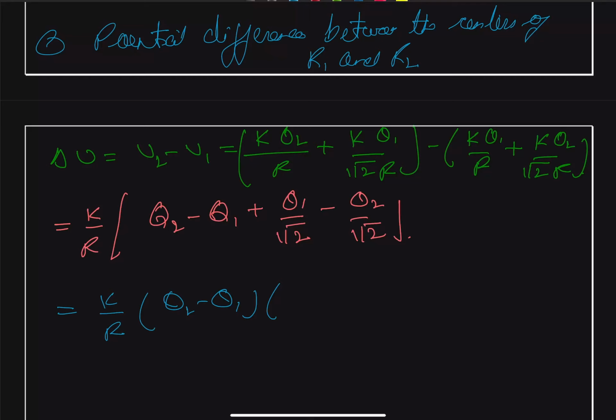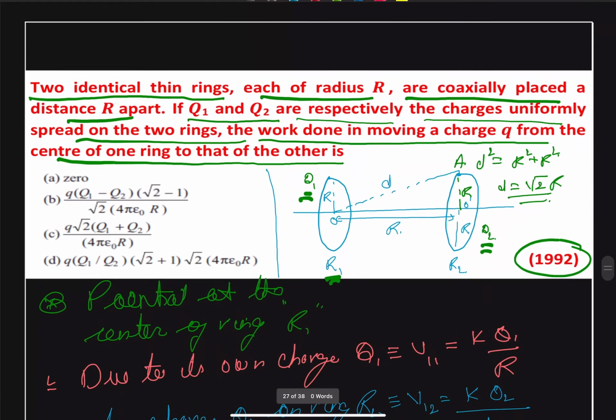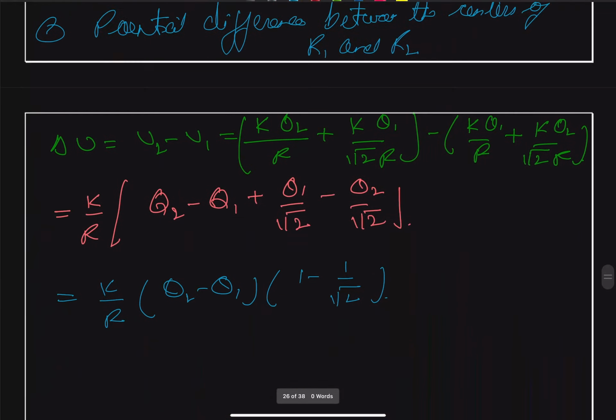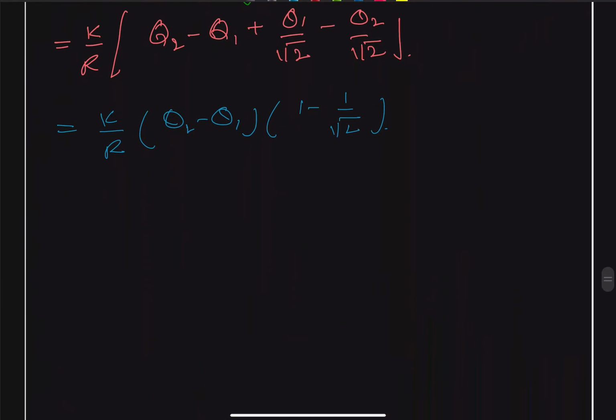This is Q2 minus Q1, and we get 1 minus 1 upon square root of 2. You can keep it like that only, we will sort it out later. Let me solve this here only now. This comes as K upon R, Q2 minus Q1, and square root of 2 minus 1 divided by square root of 2.